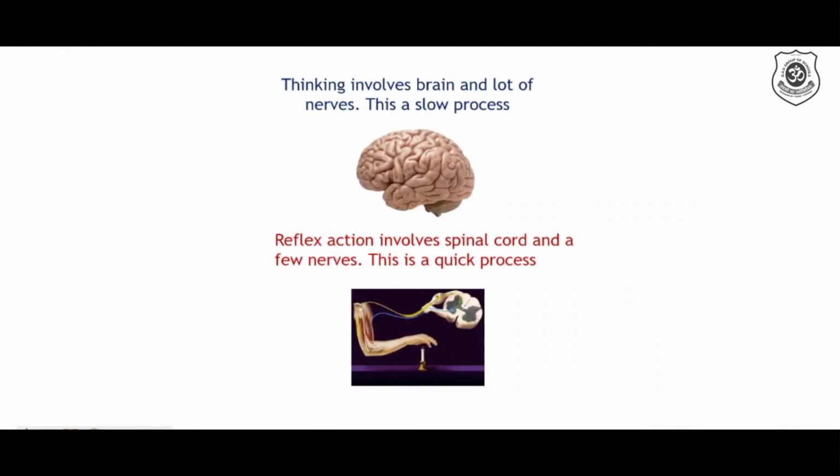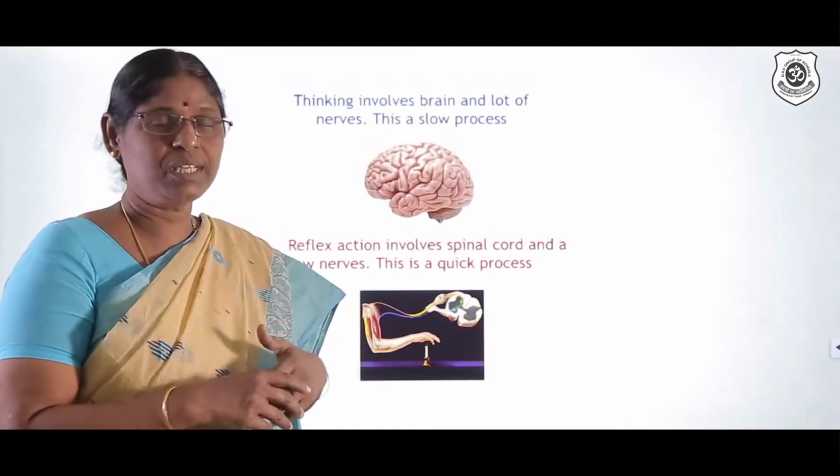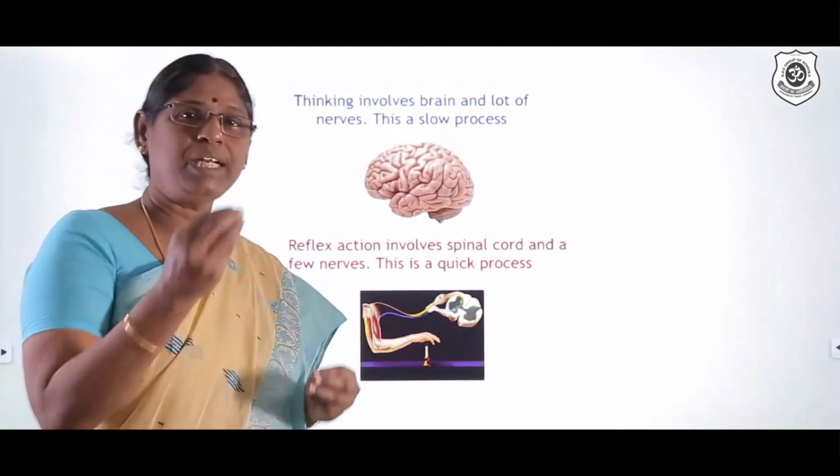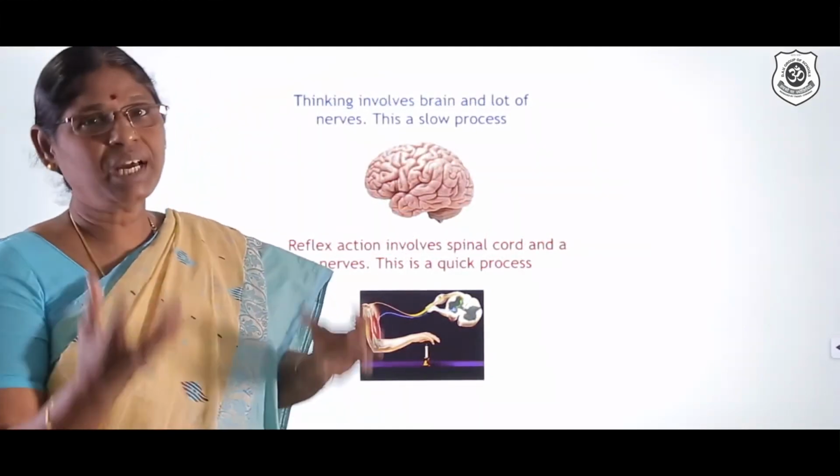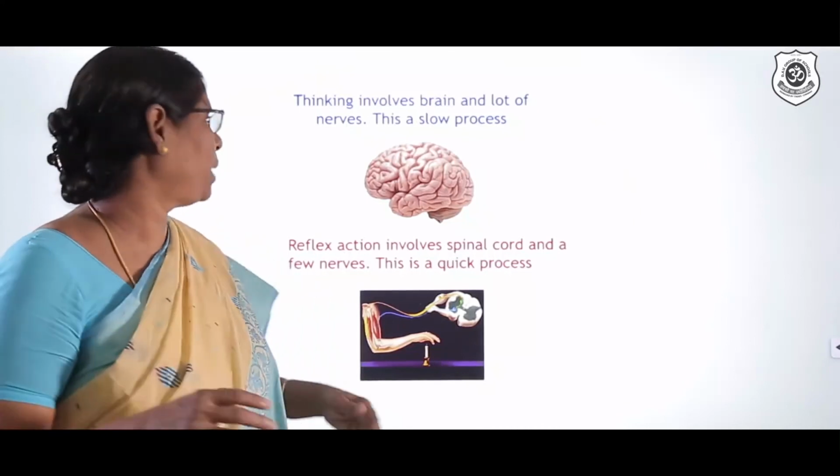Interconnection of a lot of nerves will bring a lot of impulses, and with that it will be correlating and relating it, and finally it will be giving the information. So thinking is a process that is done by the brain, and this is a slow process because it has to first find out whether any memory is stored in the brain. With that it has to relate, so it takes some time.